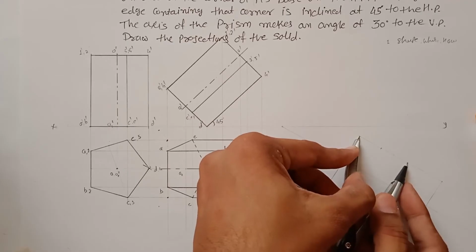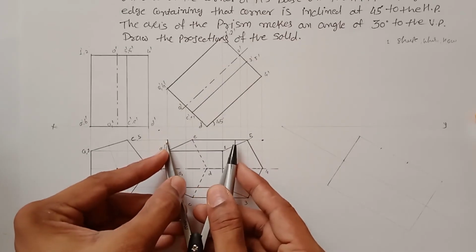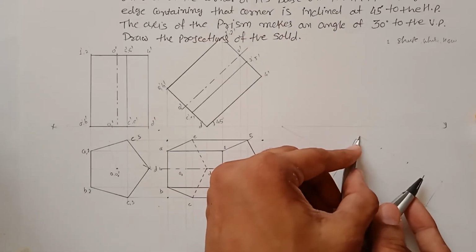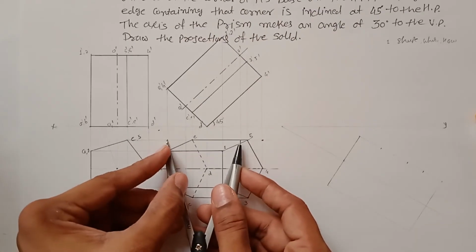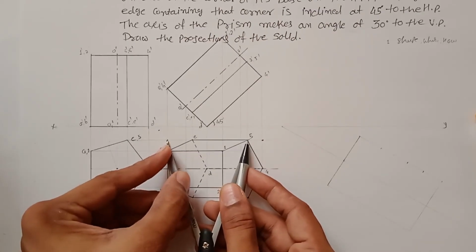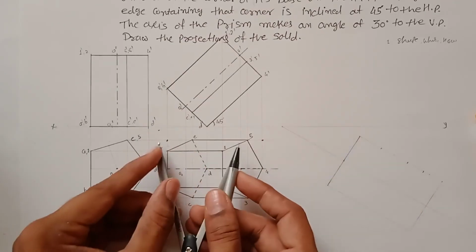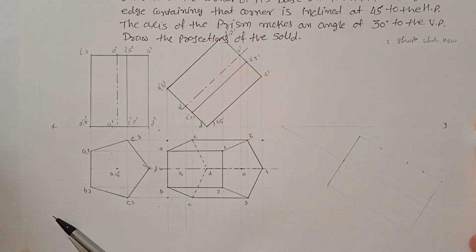Third line. Fourth. This is already here.